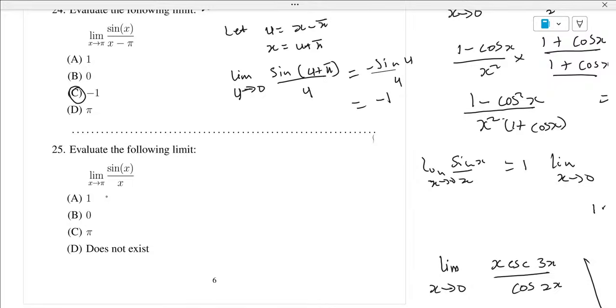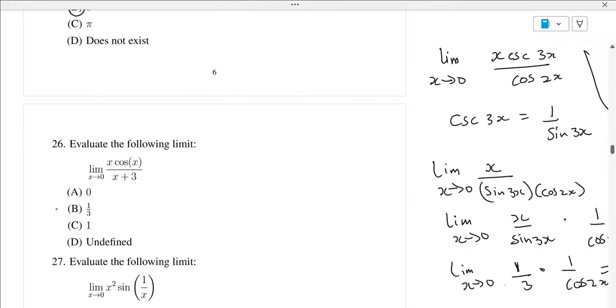Now if I substitute pi in, I'm going to have sine pi over pi. So sine pi is 0 over pi, and that will give us 0. So 25 is straightforward.